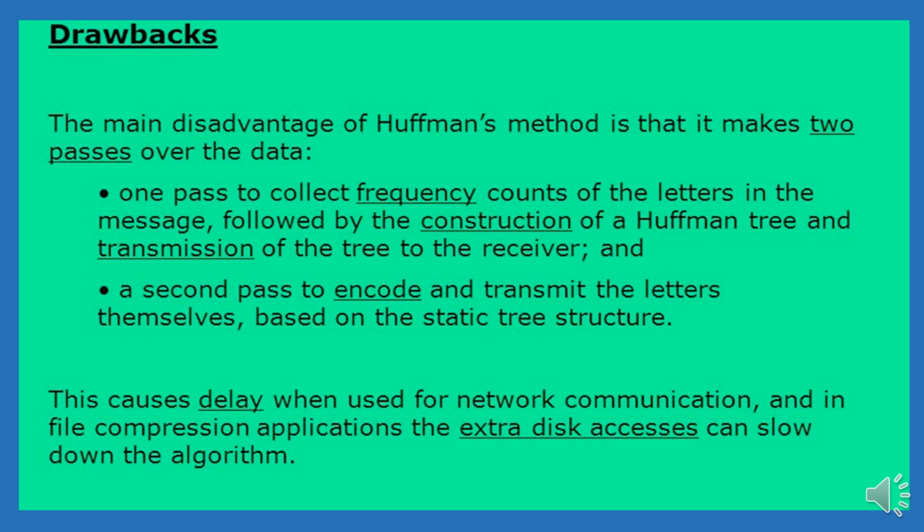Now see, there are some drawbacks in Huffman coding. The main disadvantage of the Huffman method is that it makes two passes over the data. One pass to collect frequency counts of the letters in the message, followed by the construction of a Huffman tree and the transmission of the tree to the receiver, and the second pass to encode and transmit the letters themselves based on the statistic tree structure.